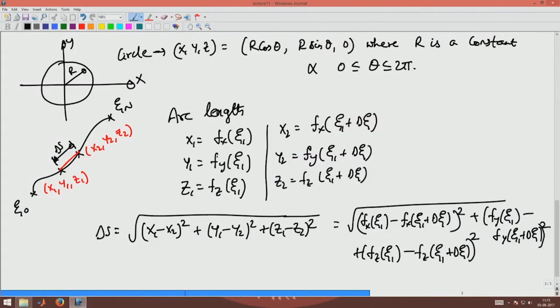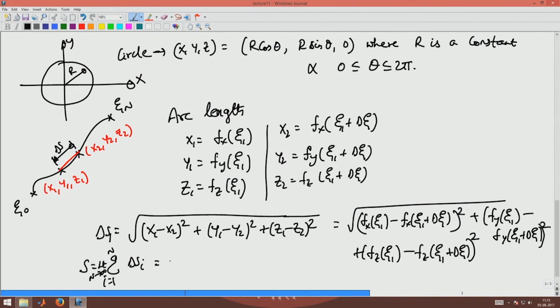So, basically now S would be the summation of delta Si, i equal to 1 to n. Now, in the limiting process I want to take the limit n tending to infinity.